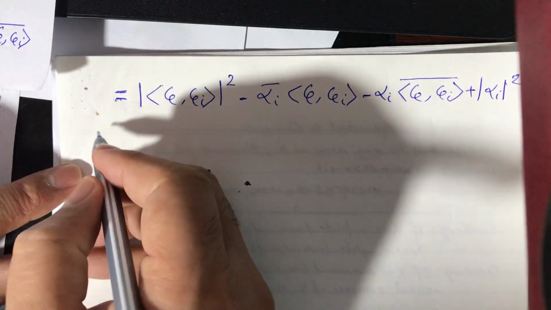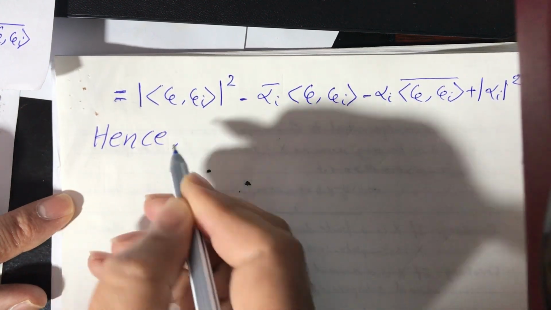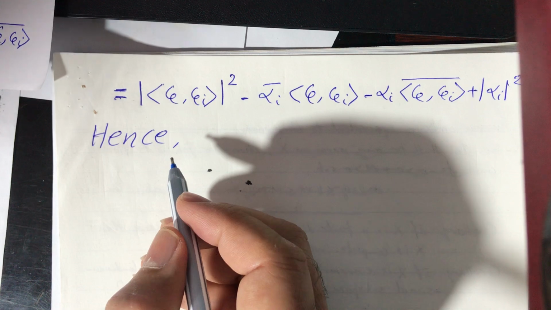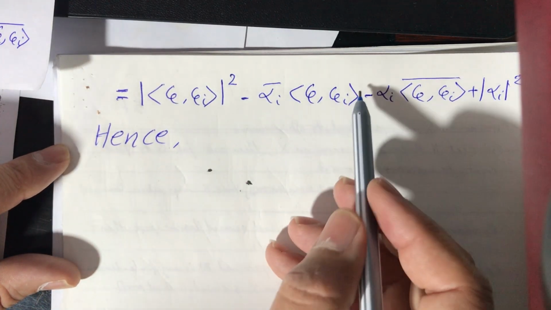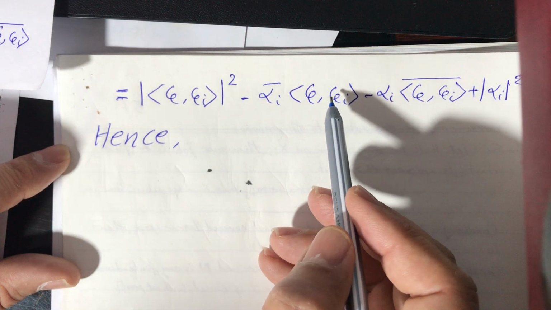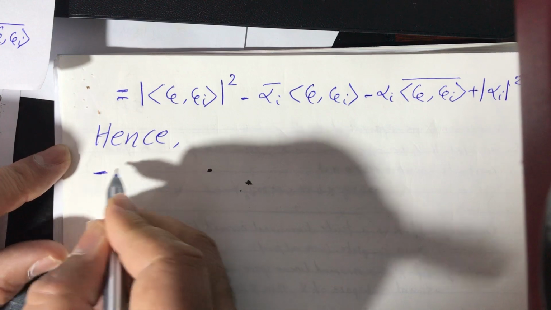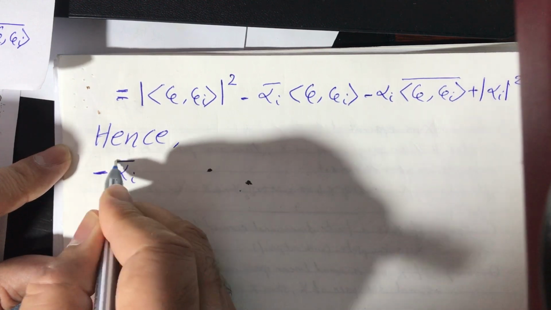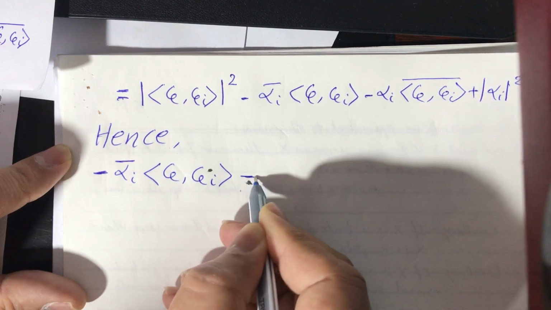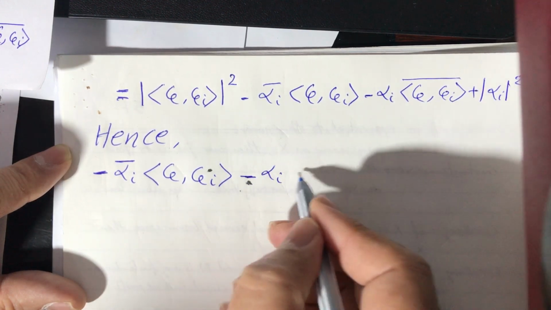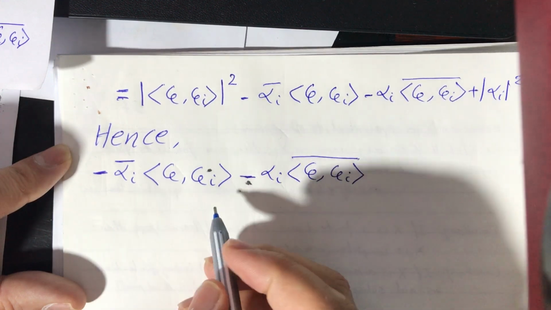Hence you can move here. Now you get minus alpha i conjugate inner product phi i, minus alpha i phi i conjugate.